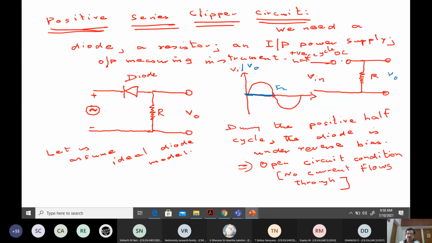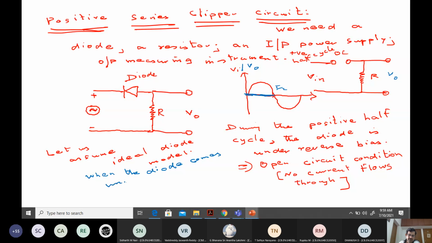And the moment the diode comes in the second half, when the diode comes under forward bias.